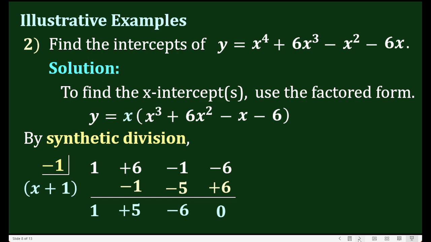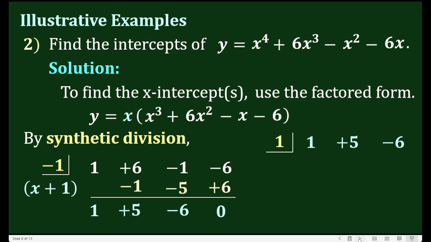Next. Okay, so that is x plus 1 as our first factor of this polynomial inside the parentheses. Then we need 2 more factors since the degree is 3. So there are 3 factors of this polynomial. So we take these 3 numbers, 1, 5, and negative 6, and we divide it by another root, which is another factor of this constant term.